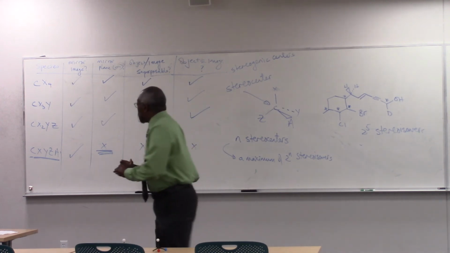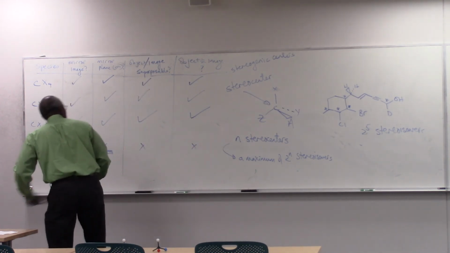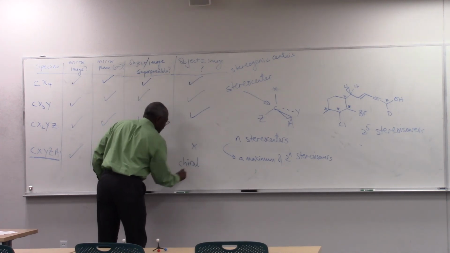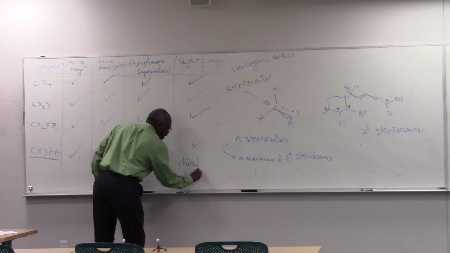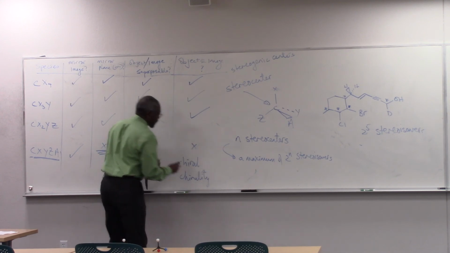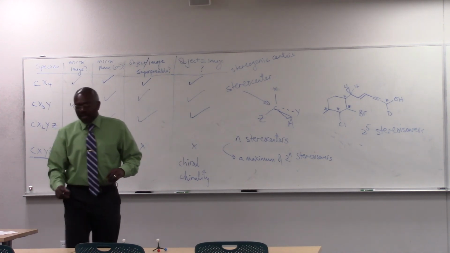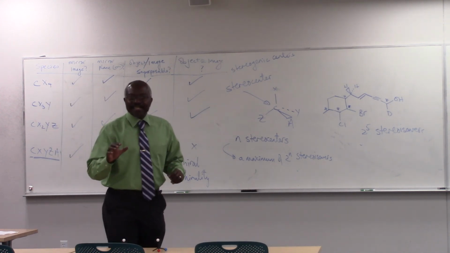There's a word we want to use here, and the word is chiral, right? And the associated word chirality. Okay? Chirality is the concept of handedness.